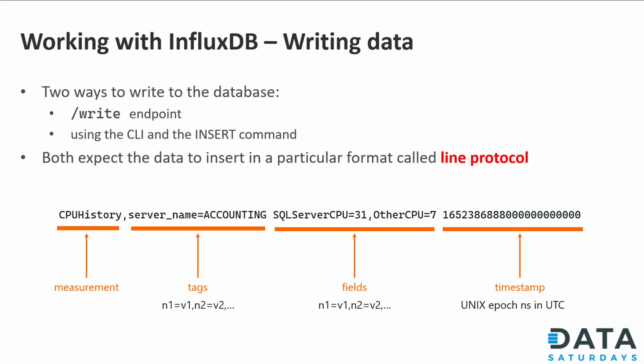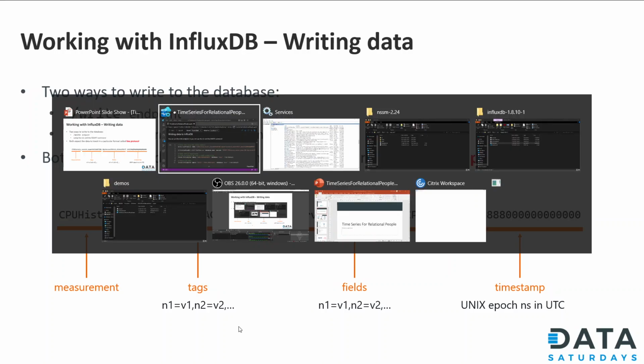You need to specify the name of the measurement, then there's a comma, then you need to specify the tags, and there's a space, and then all the fields separated by commas. So SQL Server CPU equals 1, other CPU equals 7, and then you have the timestamp. The timestamp is a Unix epoch in UTC format down to the nanosecond. So pretty easy. Let's try to do that.